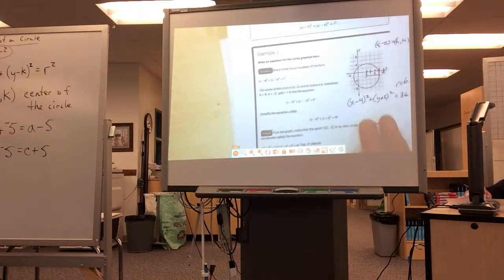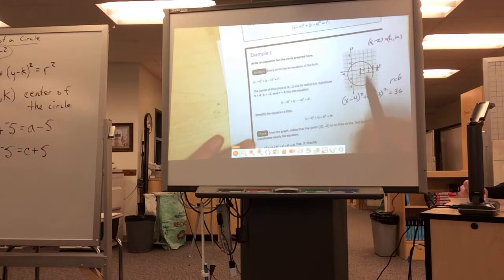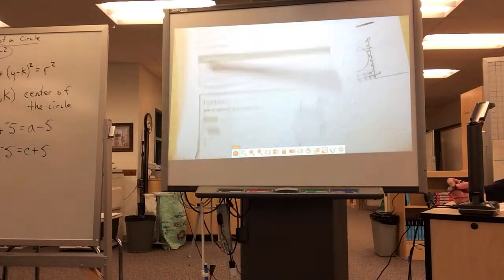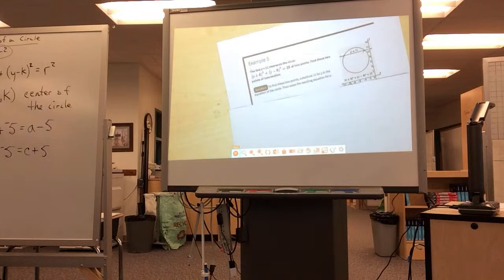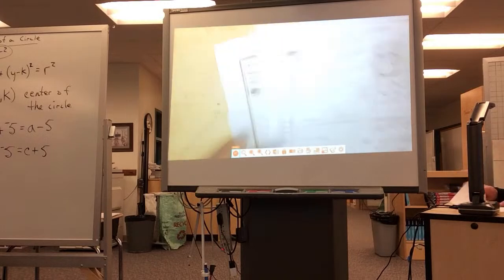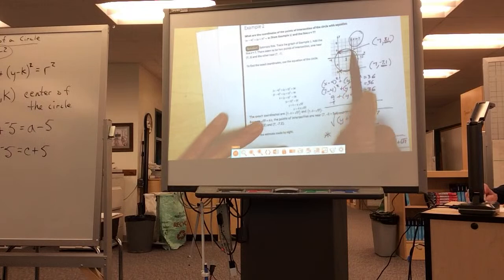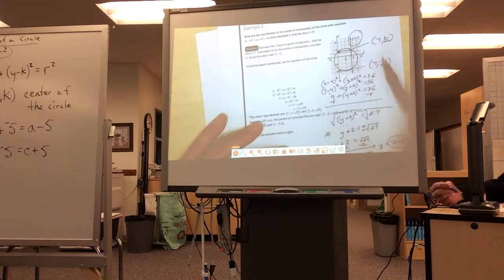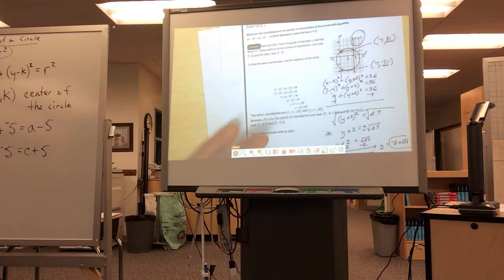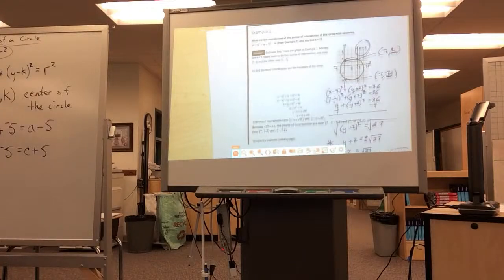Too much paper. Here we go. This one right here, where we had to find these 2 different values of y when x was given to be 7. The last example is exactly the same idea. We're getting 2 different values of x when y is said to be equal to the same number.